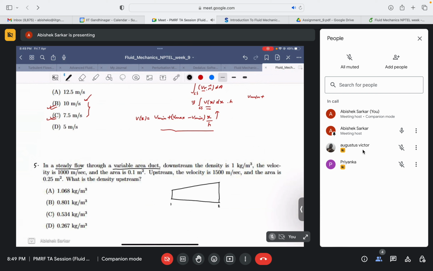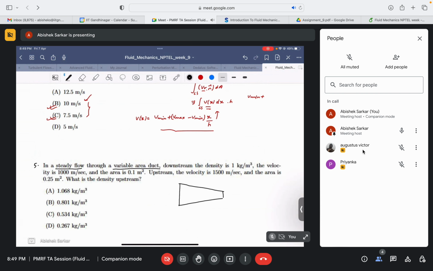What is the density at upstream? So I guess I drew the diagram wrong. It should be more like this.